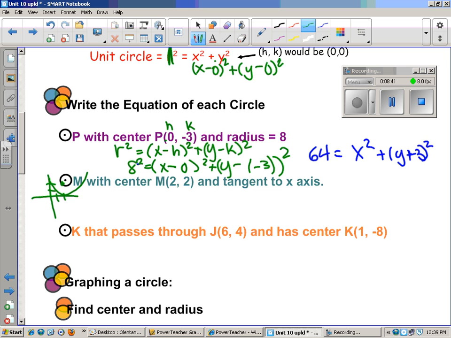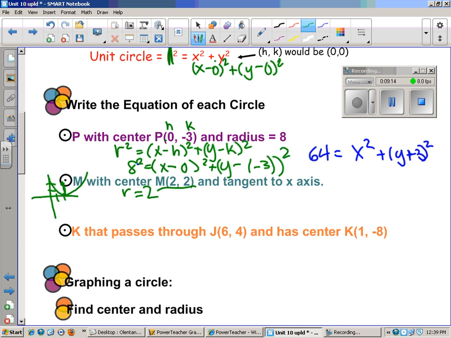I don't really have to draw the whole circle, I just need to draw that it is tangent. So I need the radius, right? Because I have the center, I just need r to be able to plug it in. If here's the center and here's the point of tangency, the distance between those two, would that be r? So how long is r? 2.